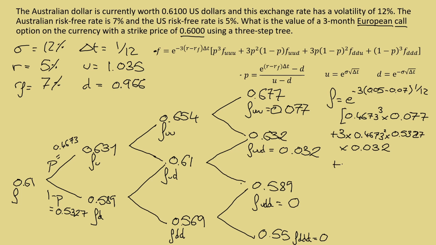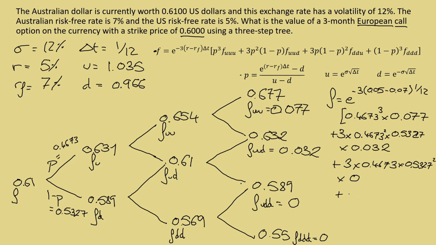Then again we have plus 3 times P, so 0.4673, times 1 minus P squared, which is 0.5327 squared, times FDDU or FUDD, same thing, which is 0.